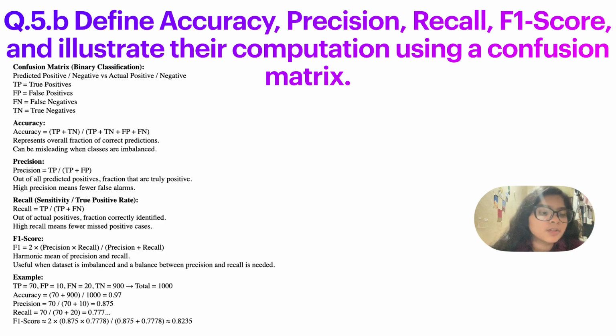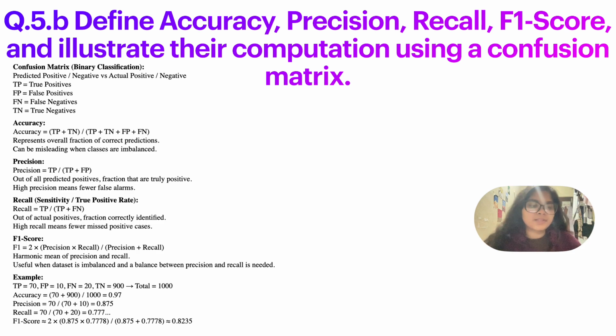Talking about precision, it's about, out of all predicted positives, the fraction that are truly positive, the portion that was correctly predicted positive. Its formula is true positive divided by true positive plus false positive. High precision means fewer false alarms.